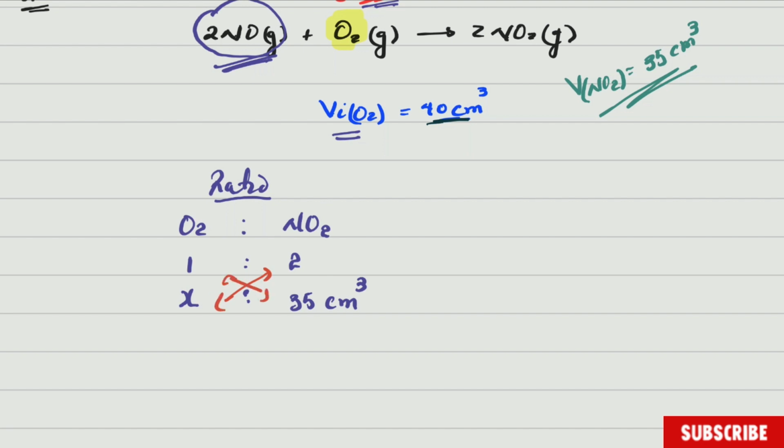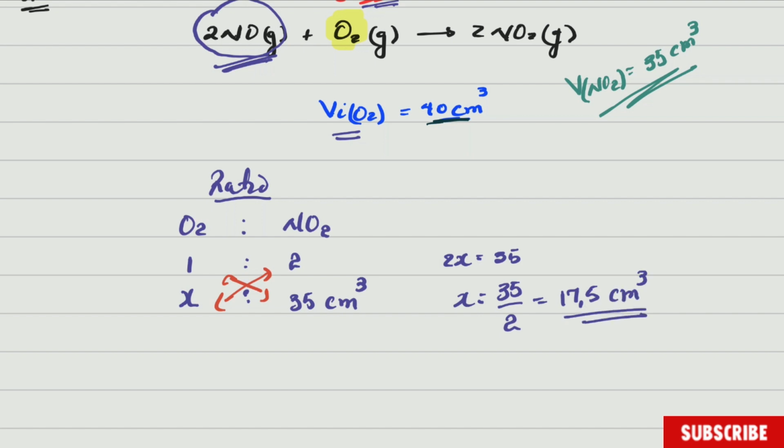It's not the first time we answer this one. So when you answer this, it is 2x equal to 35. So x is equal to 35 divided by 2, which is equal to 17.5 cubic centimeters.